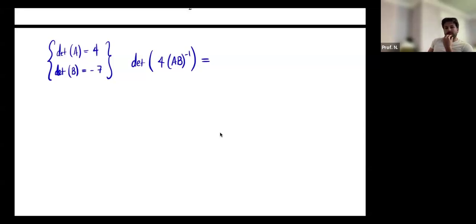There are several ways you can go. So I'll ask you this: if you multiply A and B together, what kind of matrix is AB? What's the size of AB?